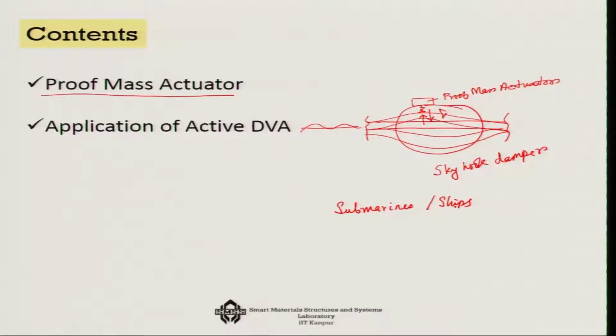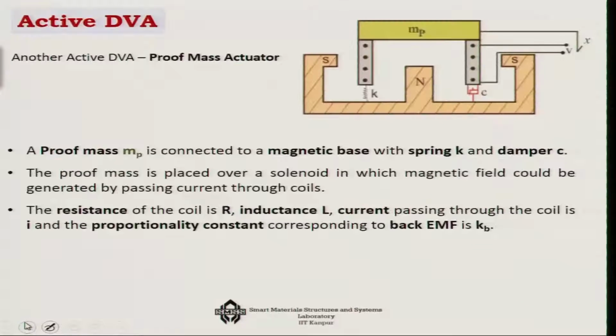Now, let us look into what is inside this proof mass actuator. If you look at it, this is the proof mass, the mass or inertia part of the proof mass actuator, and then it has basically a permanent magnet. This is the permanent magnet part of it, and this proof mass is sitting on electromagnetic coils.